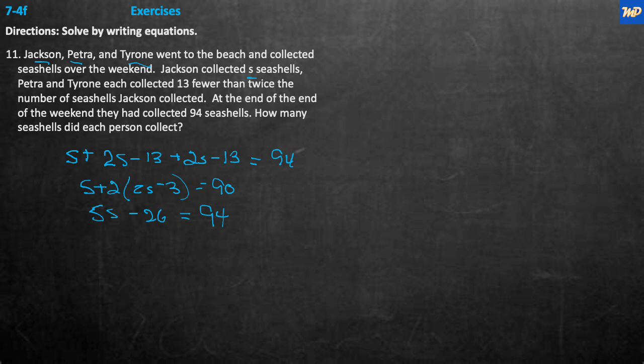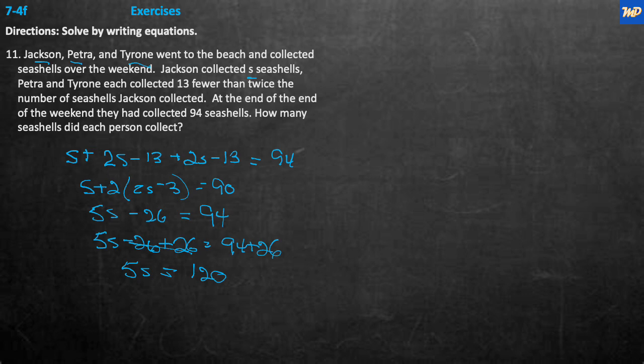The subtraction here. So 5S minus 26 plus 26 is equal to 94 plus 26, to undo the subtraction. So now we end up with 5S is equal to, these cancel, 94 plus 26, which equals 120.